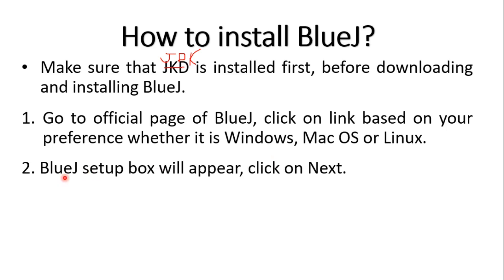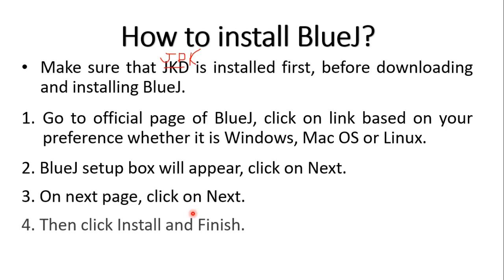All right, the BlueJ setup box will appear. Then click on next, and on the next page click again on next, then click install and finish. It's quite simple, right? You can just download it from the official page. It's free, you don't have to pay anything, and the steps to install are very simple.